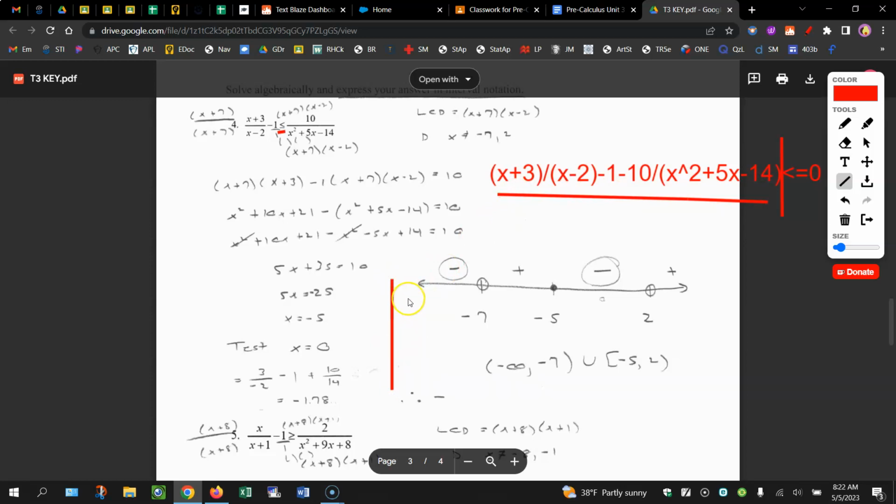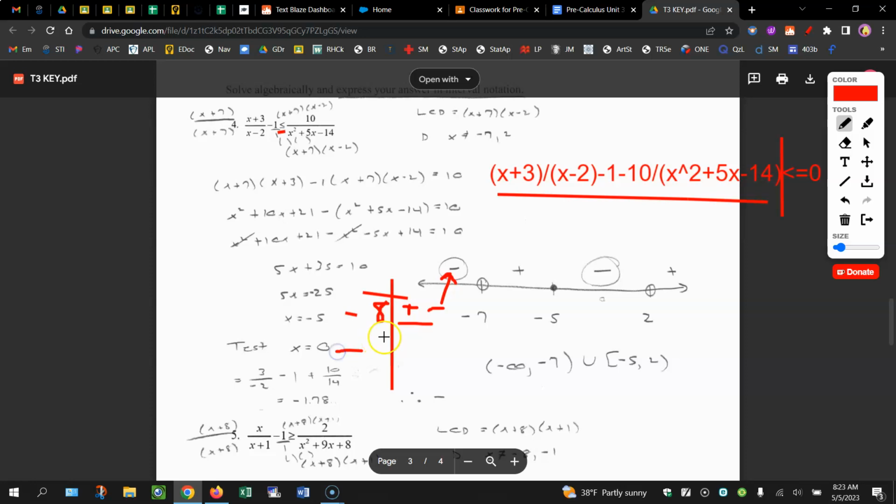On the table, we're going to look at numbers less than negative 7, like negative 8, negative 9. And we're looking at the y values to see, is this a positive or is it a negative? Anything below negative 7 is returning a negative, so that's why I put a negative here. Then we're going to look between negative 7 and negative 5.